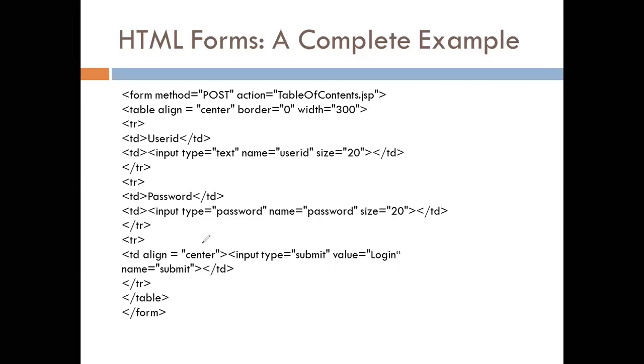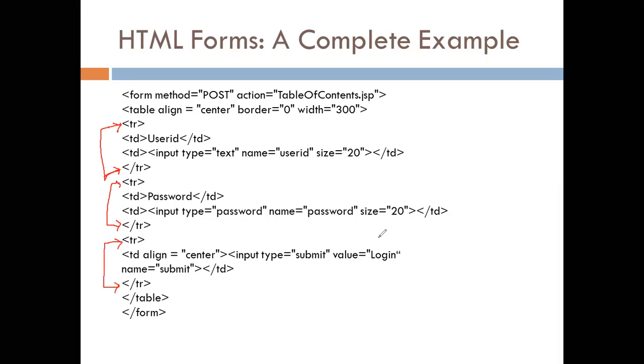So when this page is displayed, we'll have the contents like this. From this TR till here, this is the first row, then this TR to this TR is the second row, and this TR tag to this TR tag is the third row.